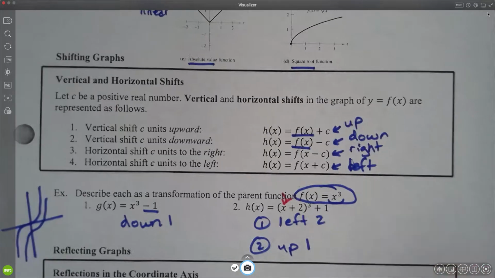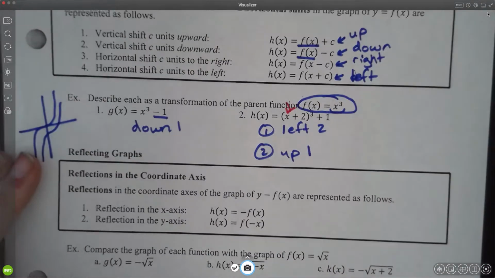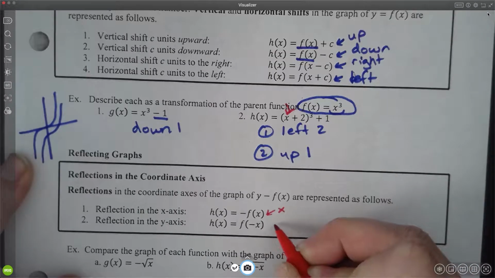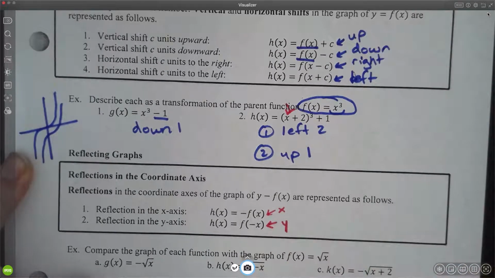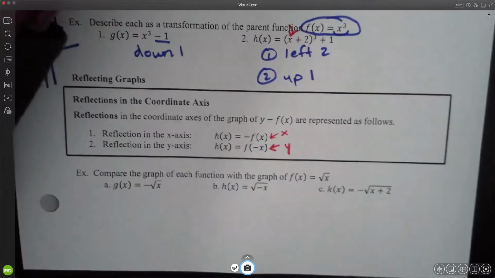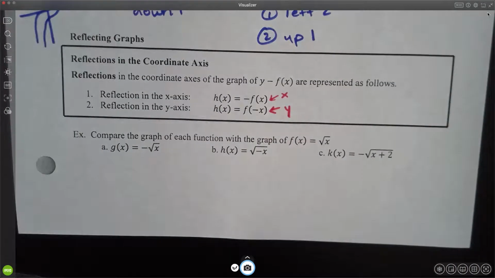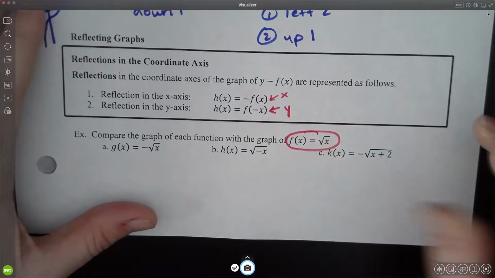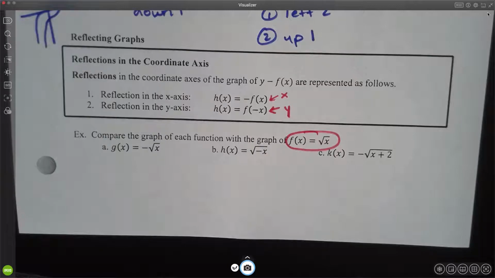All right, now reflecting graphs. If it is a negative on the outside of the function, it's the x-axis. If it's on the inside, it's the y-axis. So, first one, g. What's our parent function? Pay attention to that. Just the square root of x. So there's that guy. Sometimes I'll underline him or circle him just so I know what I'm starting with. Now, the negative's on the outside for a.